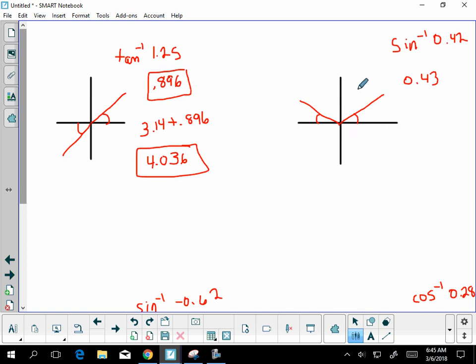So to go all the way, start at your positive x to here, that's going to be 3.14 minus 0.43. I get 2.71.